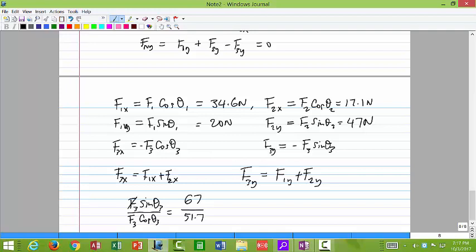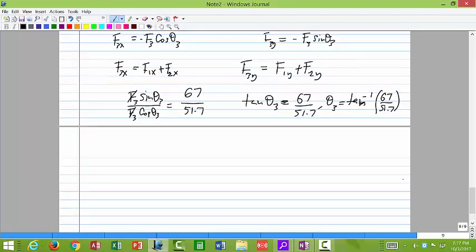Okay, so let's cancel the F3's out, and then we'll say tangent theta 3 is equal to 67 over 51.7. So theta 3 is the tangent inverse of 67 divided by 51.7. So what is theta 3? 52.3.